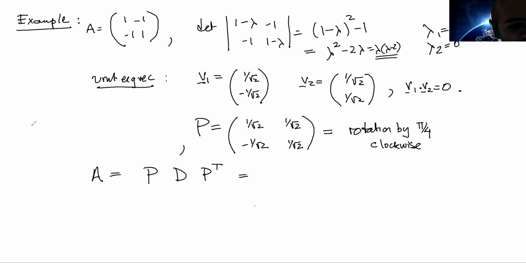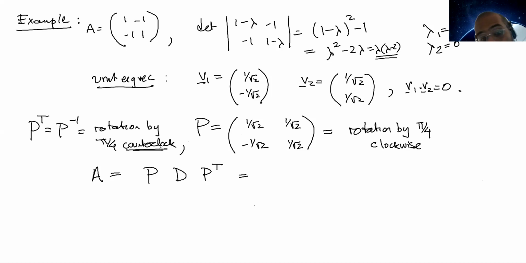So again, what is P transpose? Well, it's the same as P inverse, which is rotation by pi over 4 counterclockwise, the other direction. And I knew it was this rotation because cosine pi over 4 is 1 over square root 2.